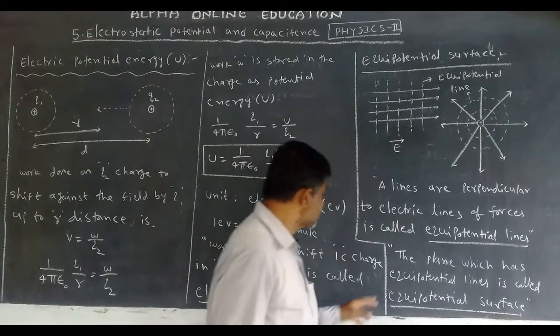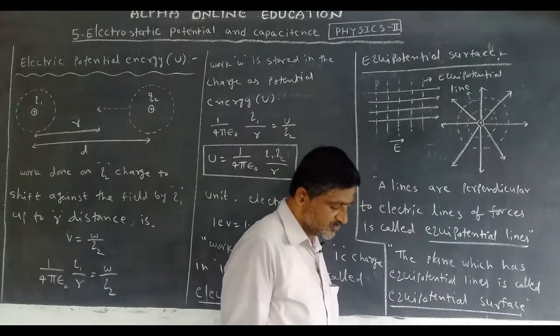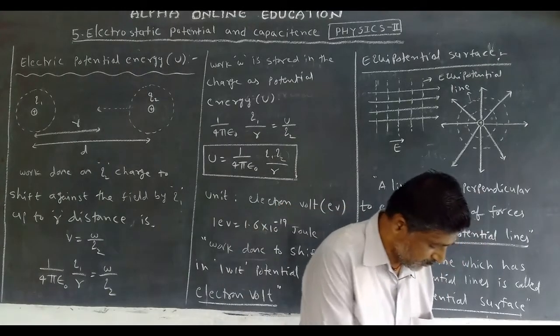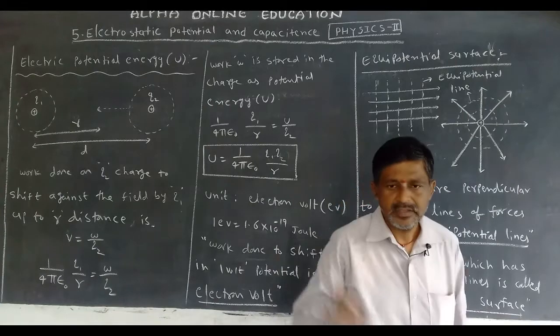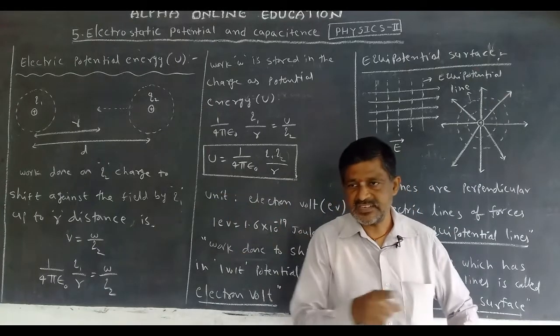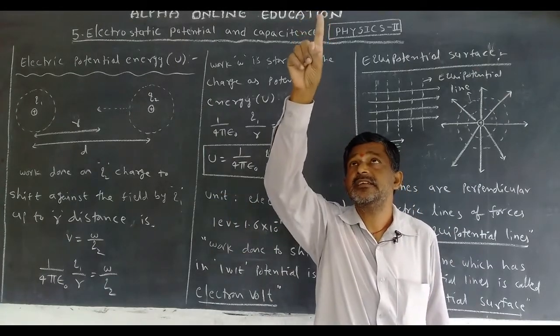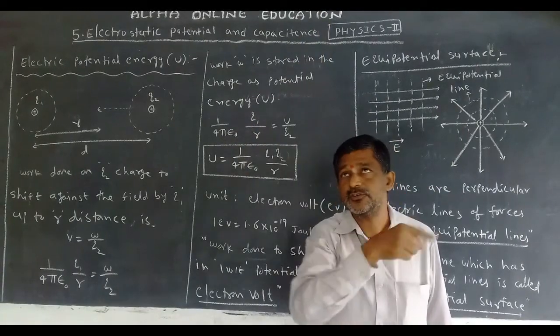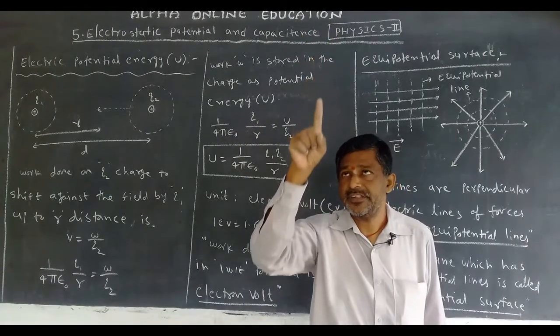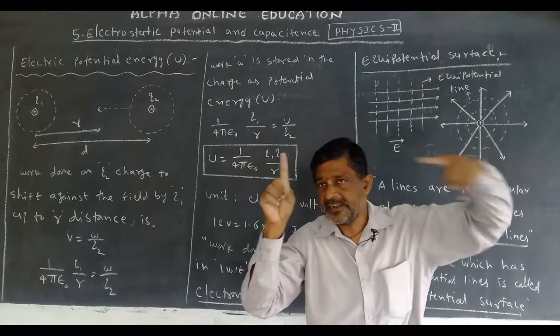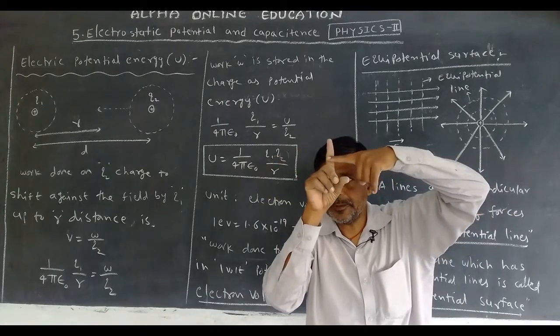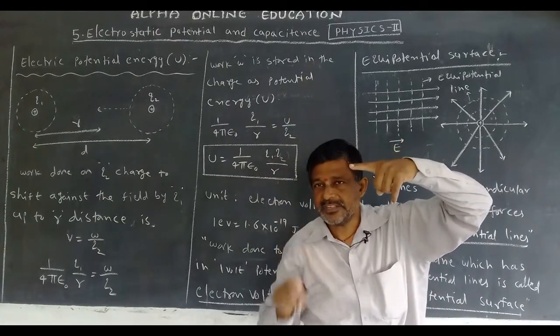Okay, the plane. Here electric lines of forces are there. This is an equipotential line. How is it? Electric lines are in this direction, equipotential lines perpendicular. This is an equipotential line.